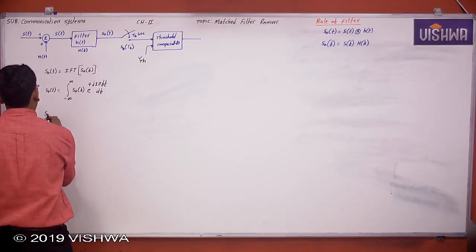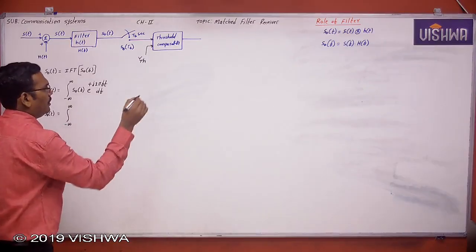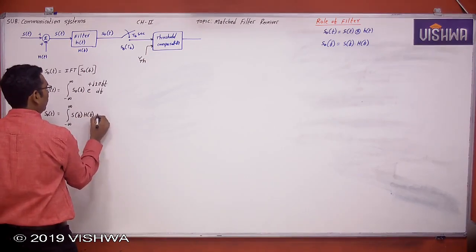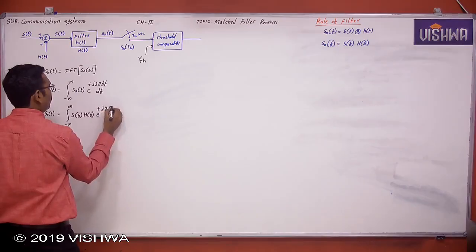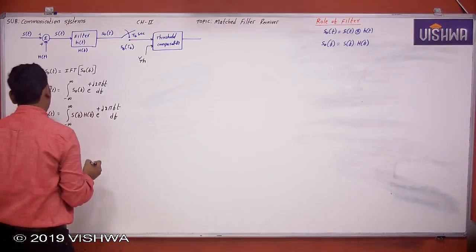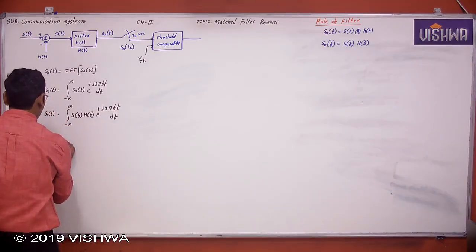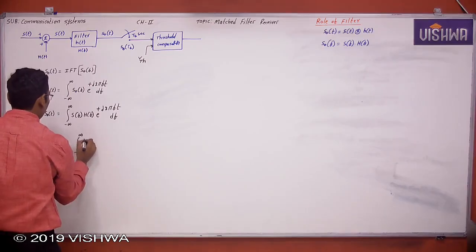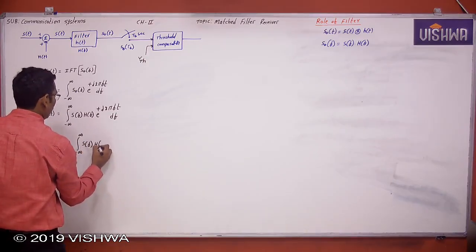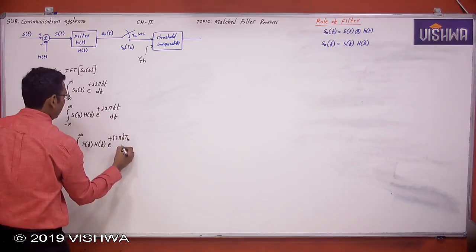This signal is sampled at tb seconds. Therefore S naught of tb equals the integral from minus infinity to infinity of S of f H of f e power plus j 2 pi f tb df.